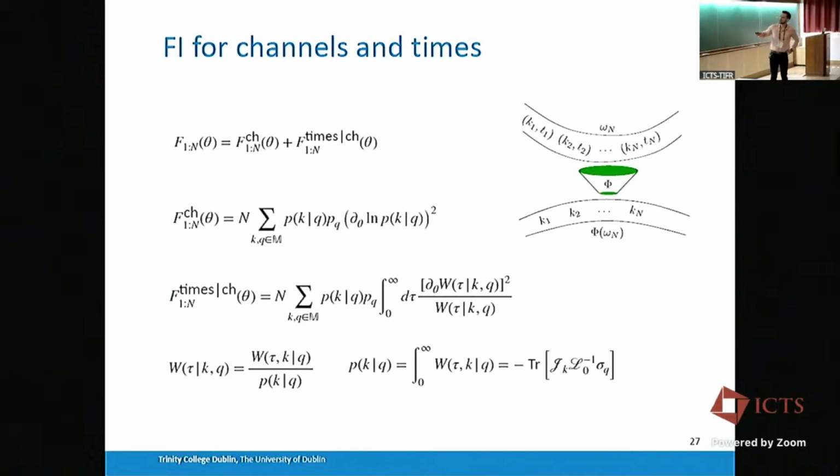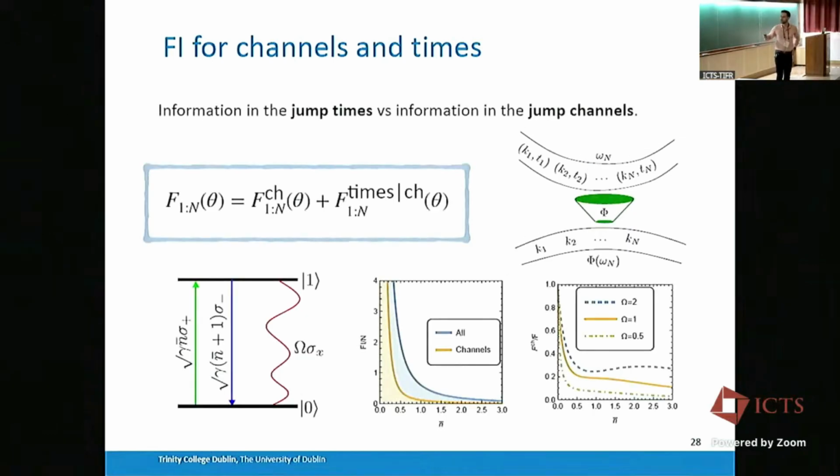And so this becomes additive in this case, as we can show, where the channel part doesn't depend on the time anymore, whereas the waiting time distribution here for just the times gets rid of the channels into which we've jumped. So we have an additive bit, and we can look at this again for our example from earlier. Here you can think of this as a data processing inequality that applies to the Fisher information.